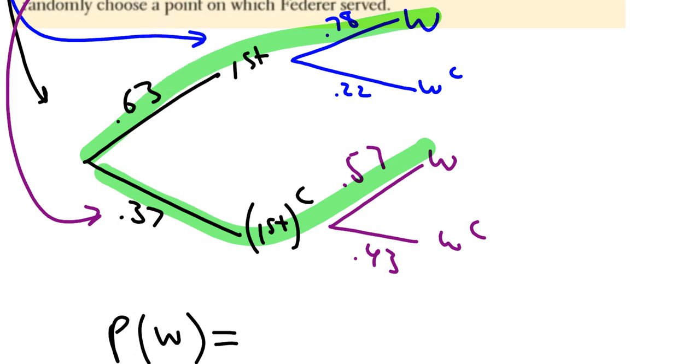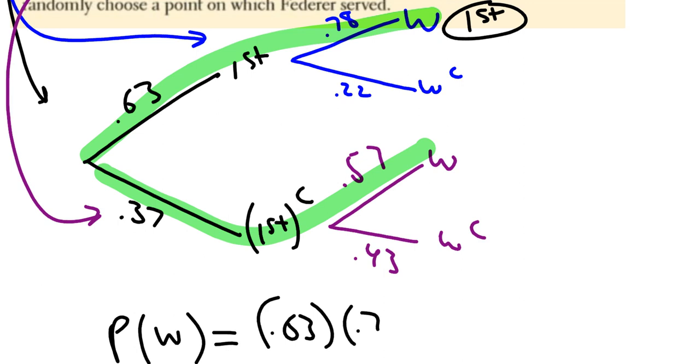So how do we find the overall probability? Well, you consider them case by case. So this first case up here, it is 0.63, because 63% of the time he makes the first serve. And then out of those 63% of first serves made, 78% of those times he went on to win the point.